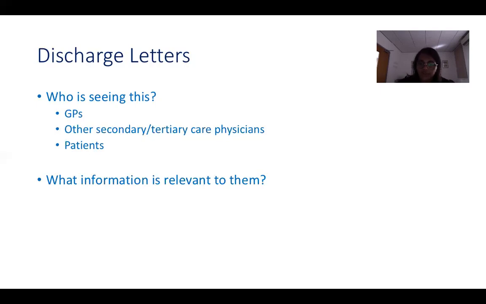If you can write a one-line summary of what that CT report meant, okay? GPs can look up investigations on ICE just like we can, so they don't need full long blood test results or reports. They can see it if they want to. And the same, obviously, when a patient comes in, we can just look it up on ICE or on PACS. So it doesn't need to be overly heavy.